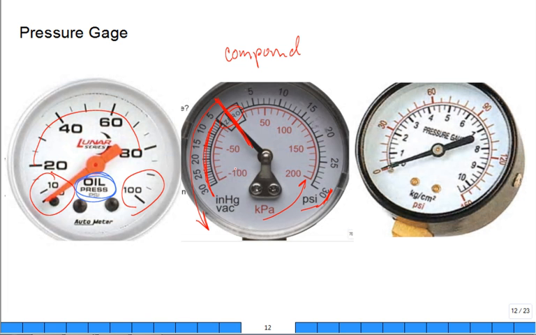Notice they have negative kilopascal. And so about a negative 100, 1 ATM. Here's another one. Oh, look at that. Kilogram per centimeter squared. So it's more prevalent than you might think, that unit of measurement for pressure.